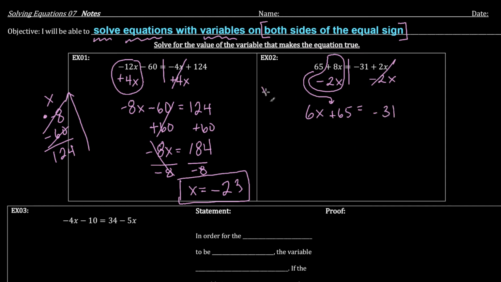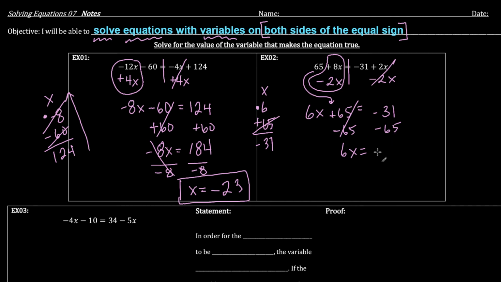So I have x, I multiplied it by 6, and then I added 65, and I got negative 31. So inverse operations, minus 65. If I do it to one side, I gotta do it to the other. 6x equals, so remember, I'm combining, I'm not multiplying. So I have 31 negative ones and 65 negatives.